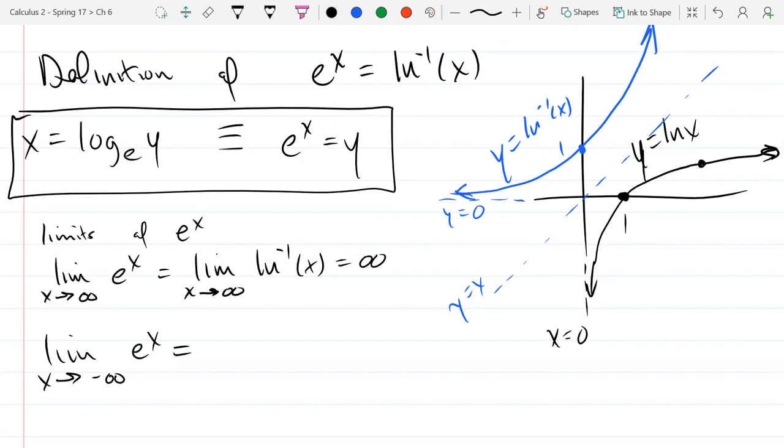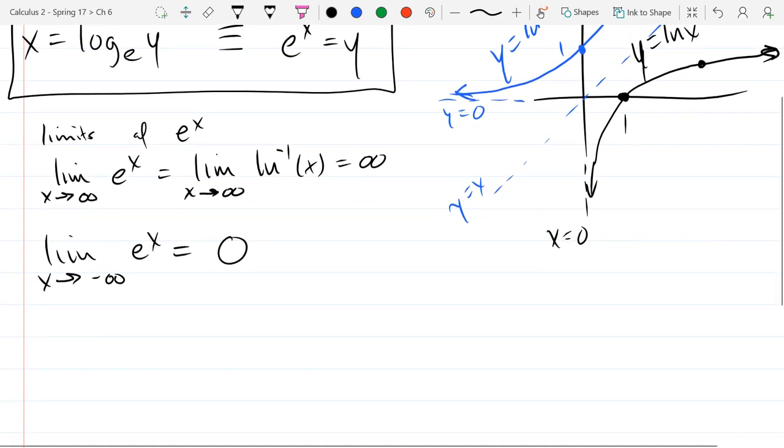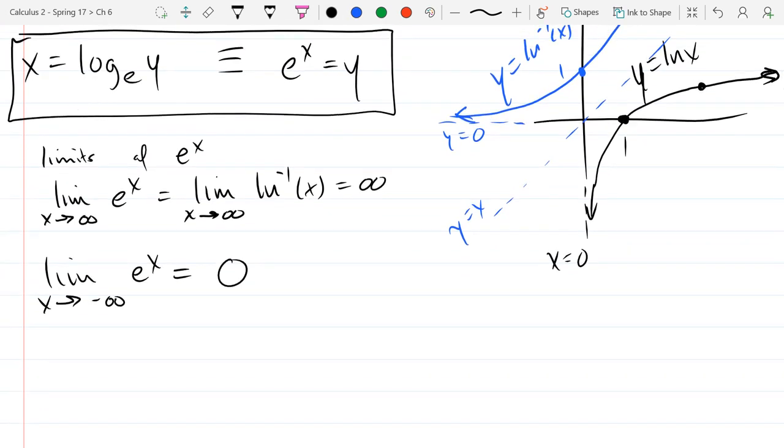What happens when x approaches negative infinity, or we go far to the left? Yep, we got y approaching 0 right there, our horizontal asymptote. So we're going to get 0. So there's our limits. And now we'll go into some algebraic properties.